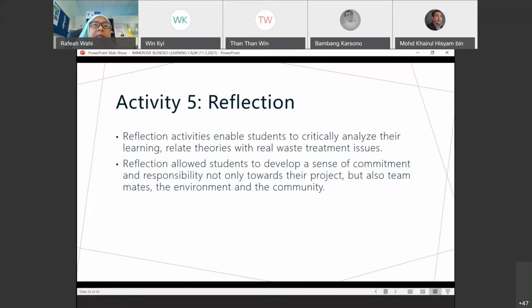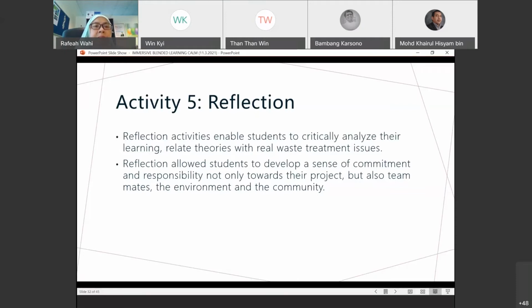Reflection should be a deep, critical reflection. It's not a reflection whereby you let the students write whatever they want to write. If you do that, you might not get the answers to the questions in your mind.